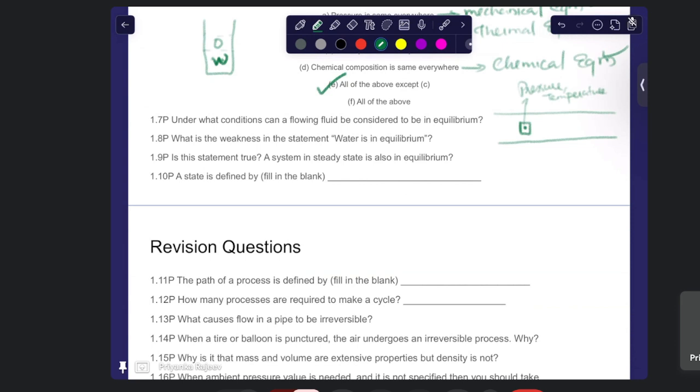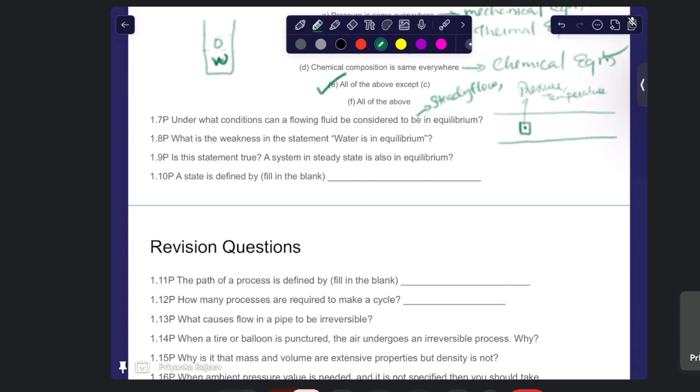Okay, steady flow means what? There is no velocity change at a particular point with time, or pressure change at a particular point with time. So that is a steady flow. Then next, there is no unbalanced driving force.